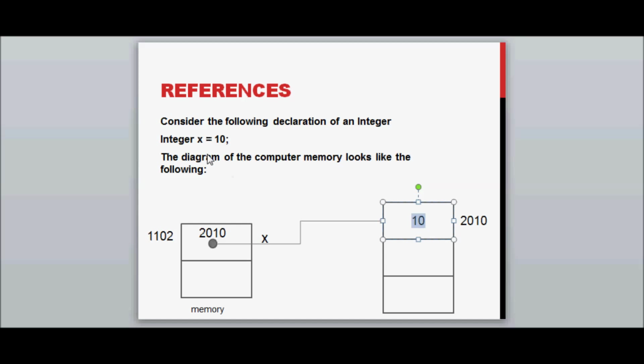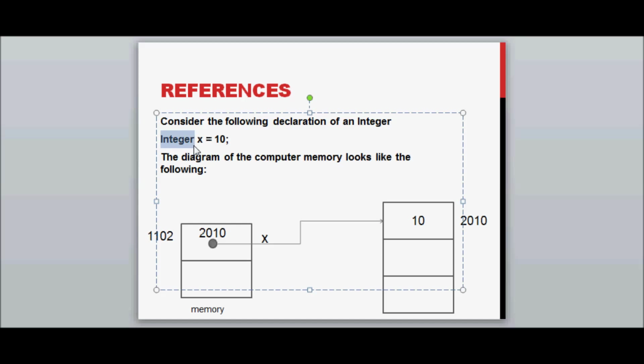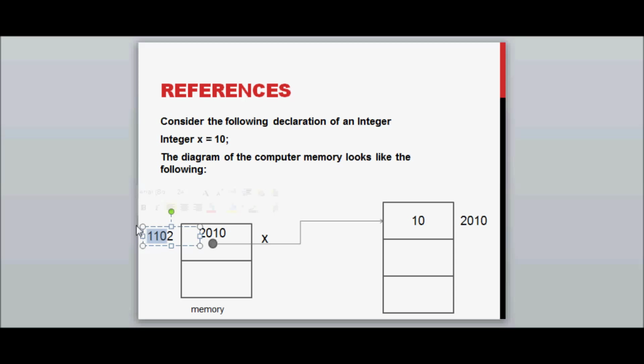So in this case, let's say that I had a capital Integer with a capital I, and a variable x that had this value 10 stored in it. Again, this isn't a primitive data type, so the capitalized I indicates that. So what actually happens in memory is we have this location marked x that has another memory location with it. I'm just making up numbers here for the sake of being able to store them, and that's 1102.